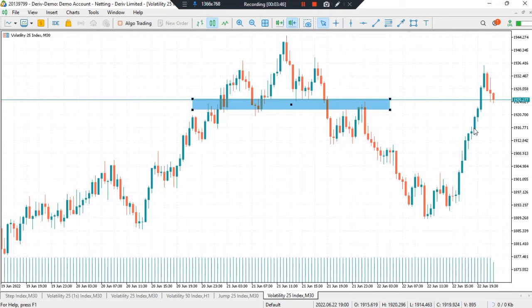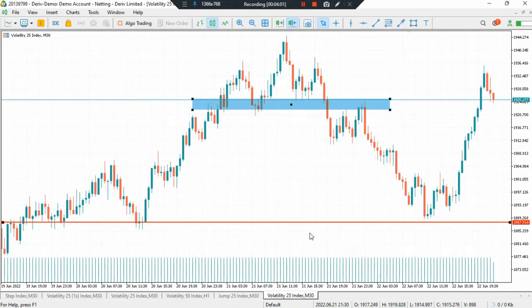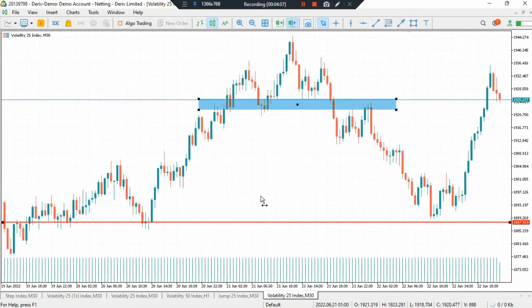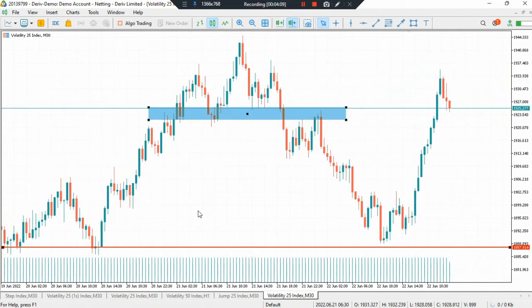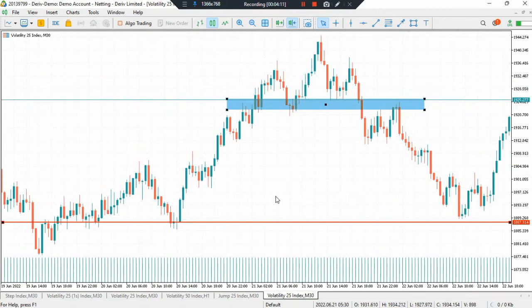You don't know your target, you don't know your take profit. So what you can do is use this previous higher low to determine your target. On this method, you are using this line to determine where you are placing your sell position and up to where.